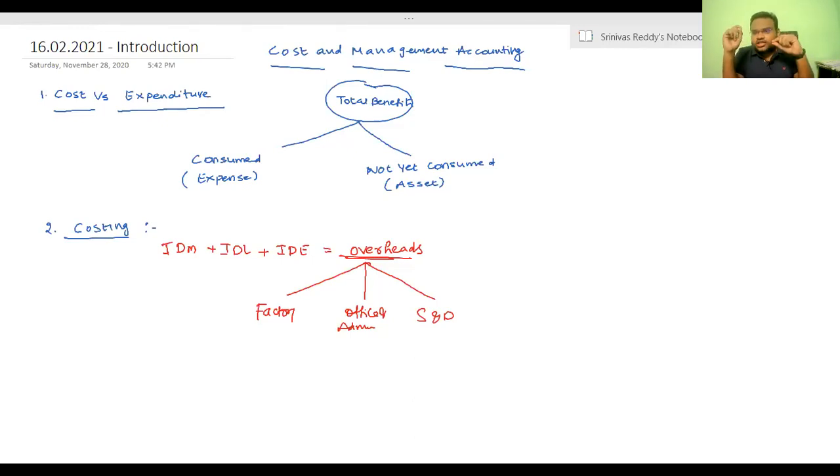I repeat the word, sales minus total cost is profit or loss. Now, to get more profit, more returns on my investment, sales I don't have much control. I can control only the cost. That's the reason many organizations try to control the cost. That is the reason they use all these concepts called costing methods and cost techniques.